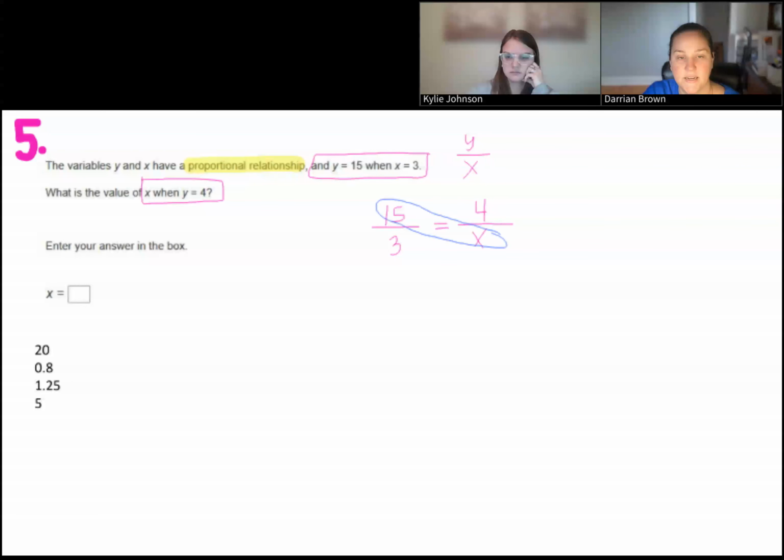So 15 times x is just 15x equals 3 times 4, which is 12. Okay, so there's our equation. 15x equals 12. Now we need to get the x by itself. How do we do that? How do we get that x by itself?